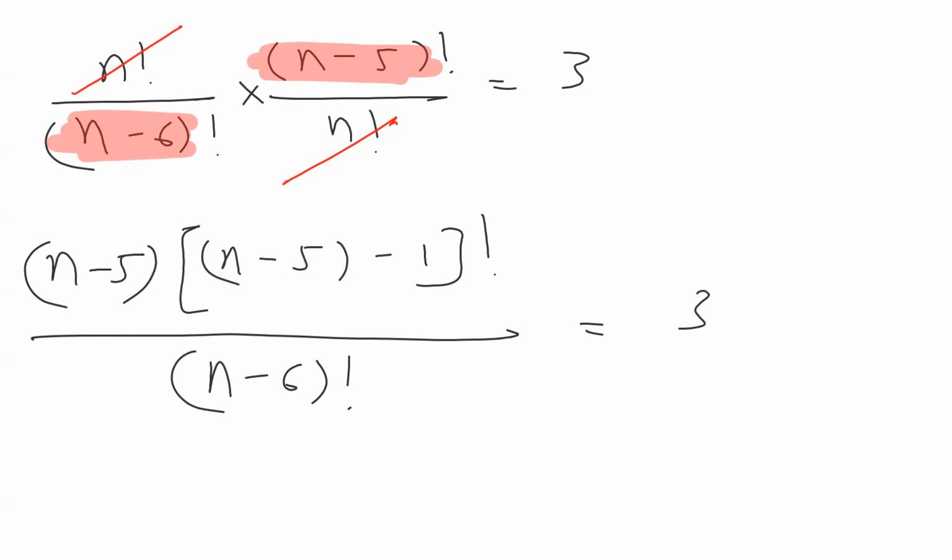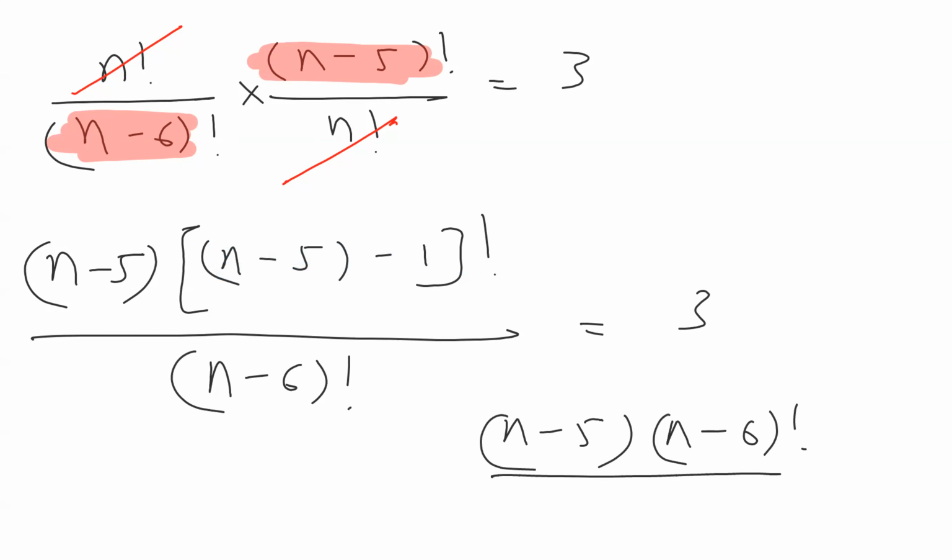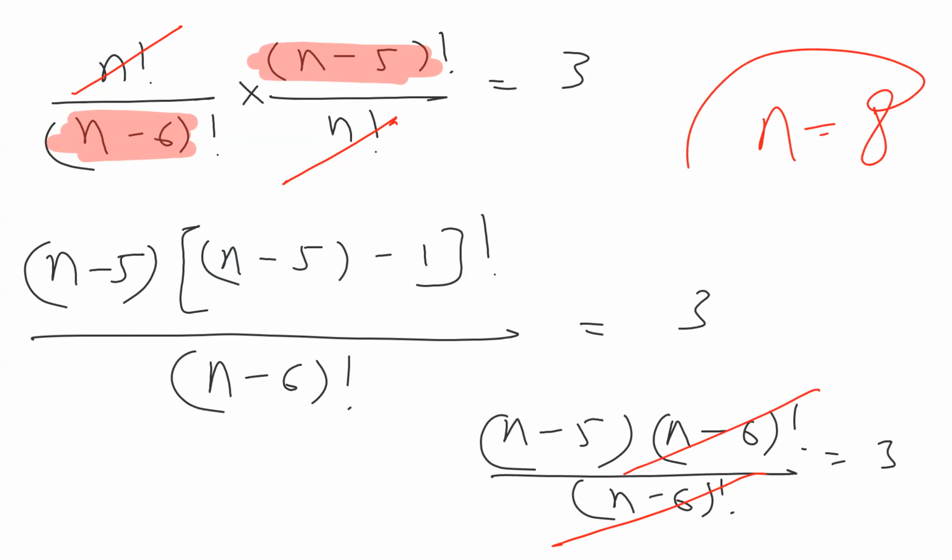So this will give me eventually n minus 5 into n minus 6 factorial upon n minus 6 factorial is equal to 3. N minus 6 factorial will get cancelled. N will be equal to 8 from this equation. 3 plus 5, that will be equal to 8.